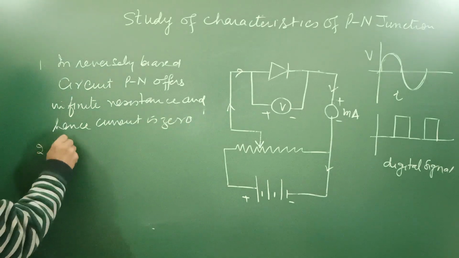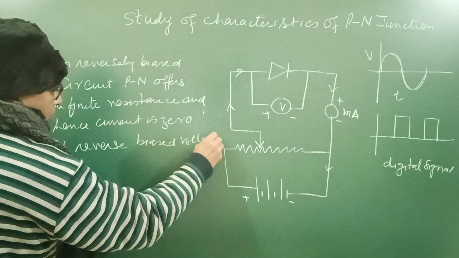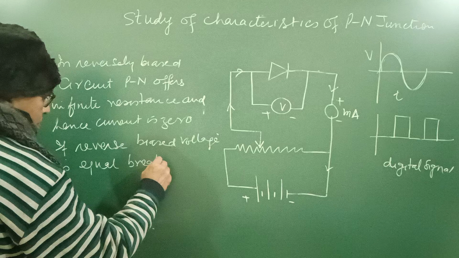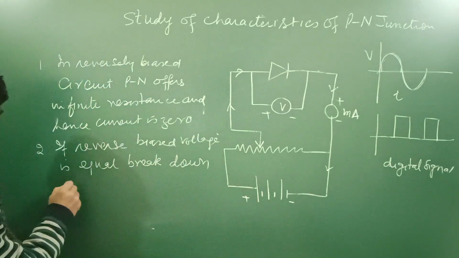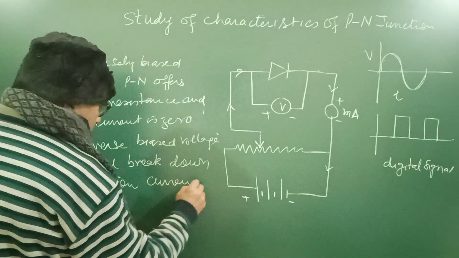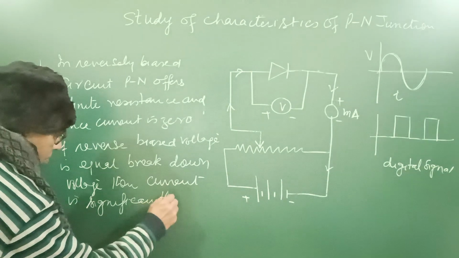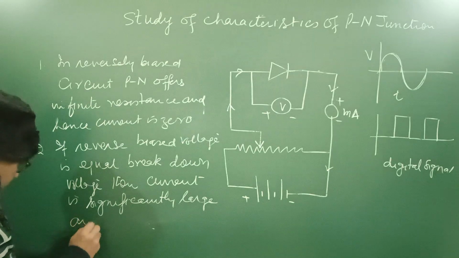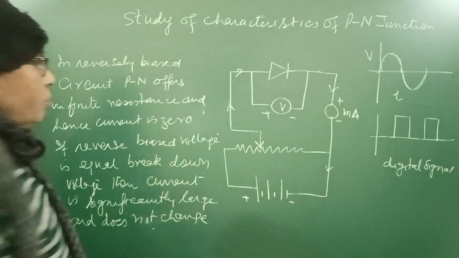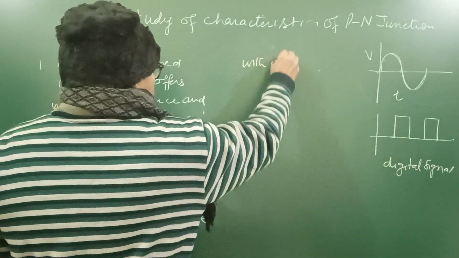If the reverse biased voltage is equal to the breakdown voltage, then the current is significantly large and does not change with the change of voltage.